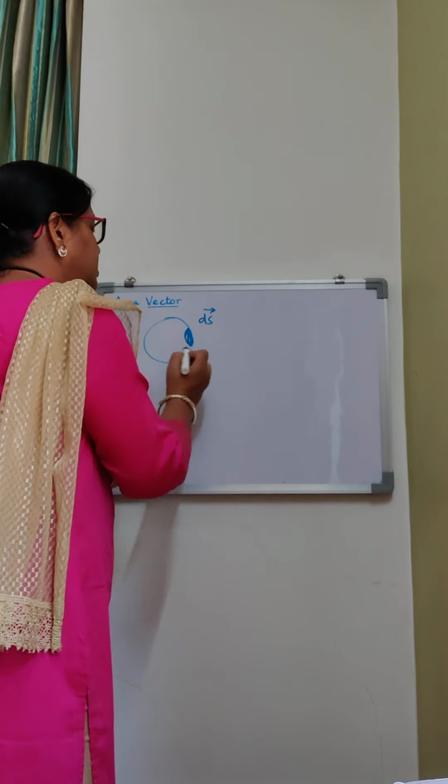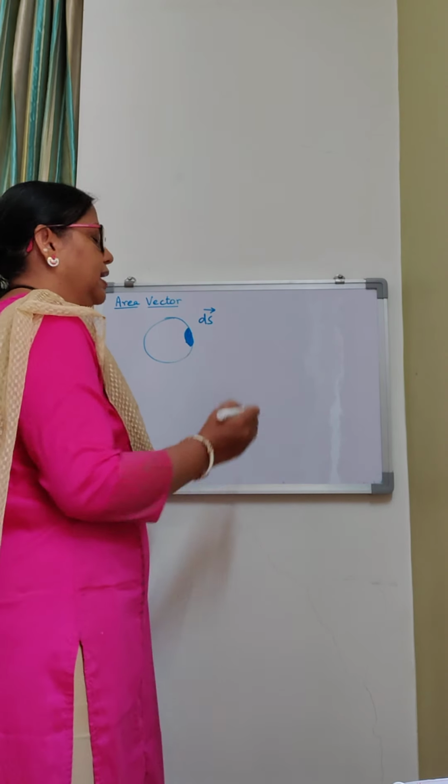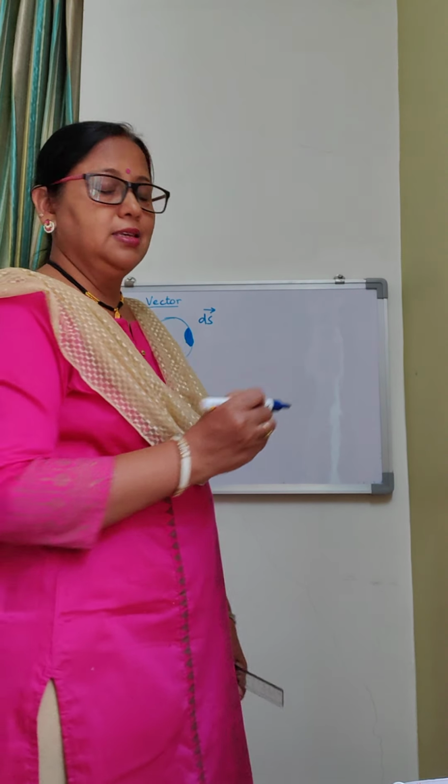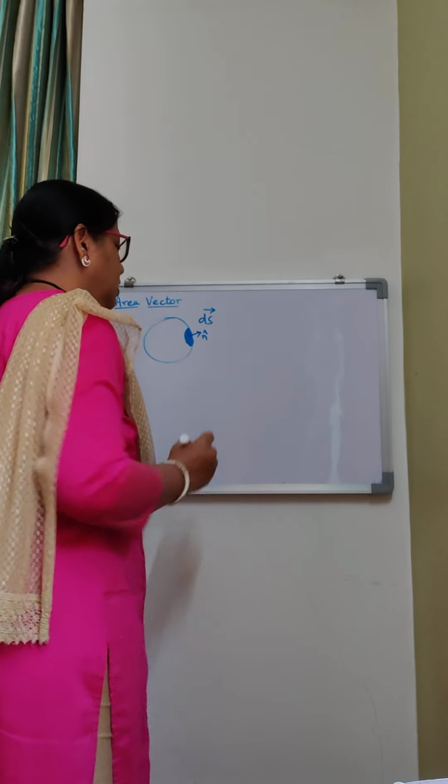Now this I have written as a vector quantity. Area vector is defined as the vector which has a magnitude equal to the area. The magnitude is equal to this area and the direction is along the normal to the surface, so along the perpendicular direction.